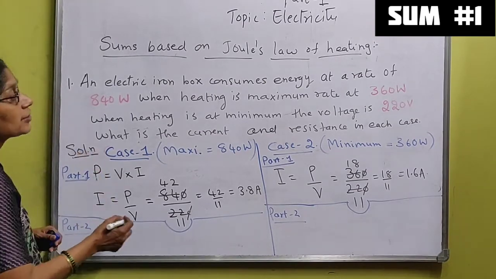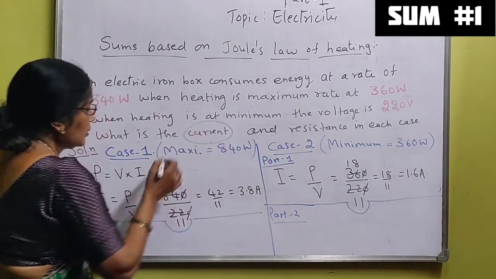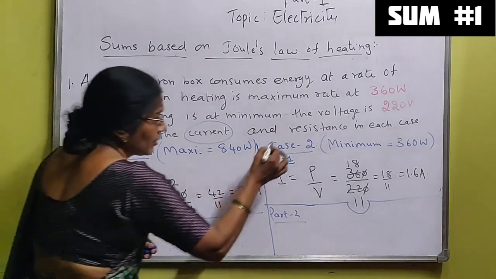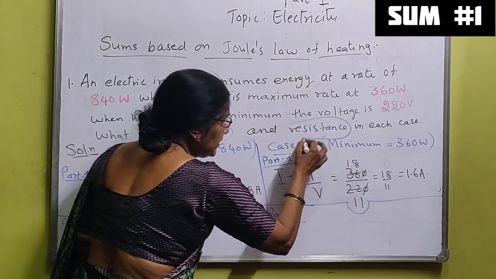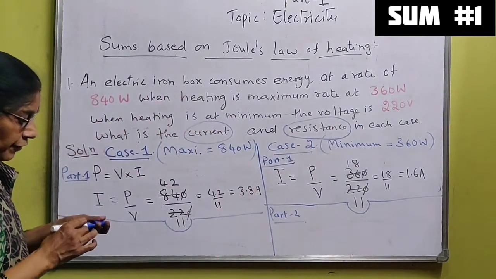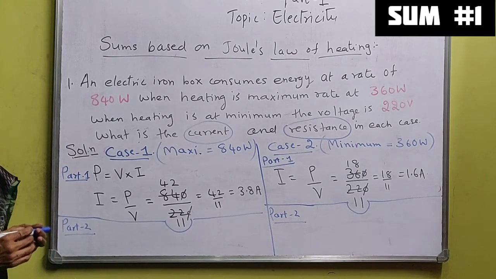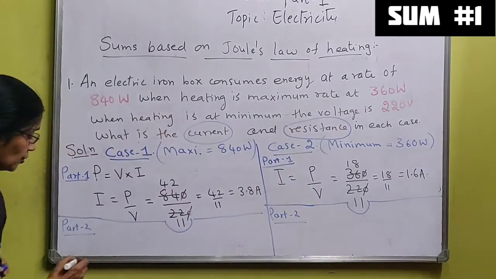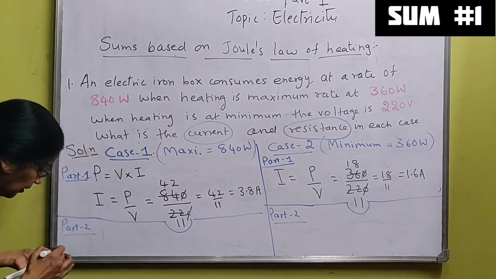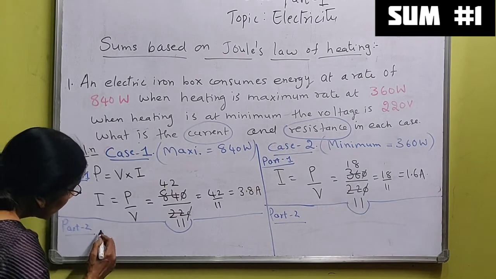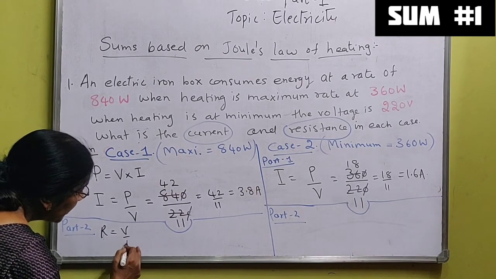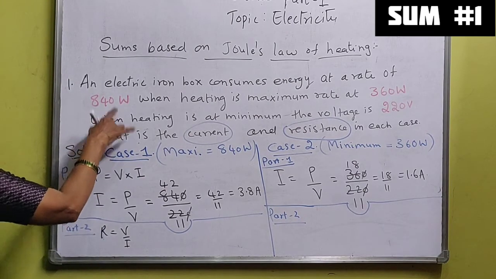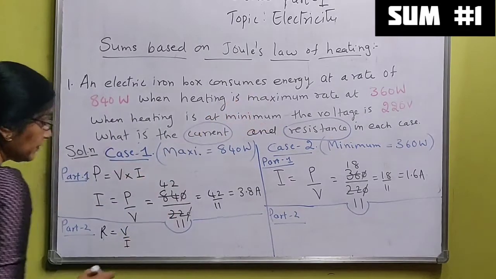In part 1 we saw how to find out the current. I told you the formula we are going to use, I is equal to P by V. But there is a second part also where we are going to find out the resistance. We know that according to Ohm's law, resistance is equal to potential difference by current. Potential difference is already with us. So taking that, R is equal to V by I. Taking this formula, we are going to find out the resistance when it is maximum and the resistance when it is minimum.